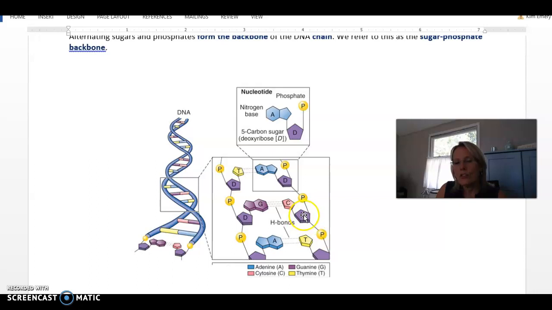And then the sugar of that nucleotide is bound to the phosphate of the next nucleotide. So these nucleotides join one to another between their sugars and their phosphates. And we say that this one strand has a sugar phosphate backbone. And coming off of that backbone, you have these bases.